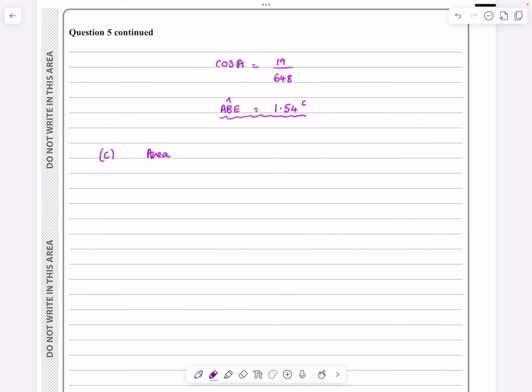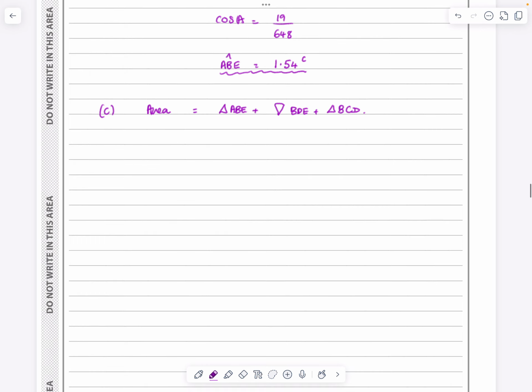The area is going to be equal to the triangle ABE plus the sector BDE plus the triangle BCD. So for BCD first, for the right angle triangle first, angle DBC is going to be equal to pi minus 1.54 minus 1.3.